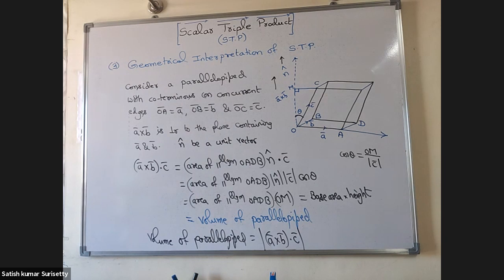That is, geometrical interpretation of scalar triple product is volume of parallelepiped with coterminous or concurrent edges A bar, B bar and C bar.